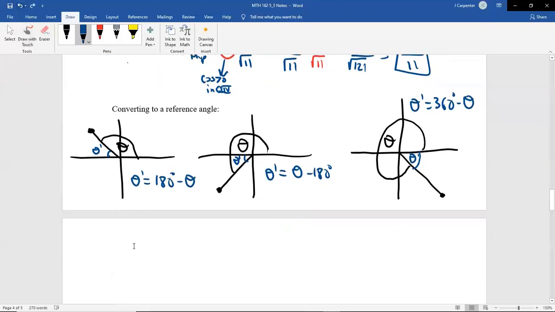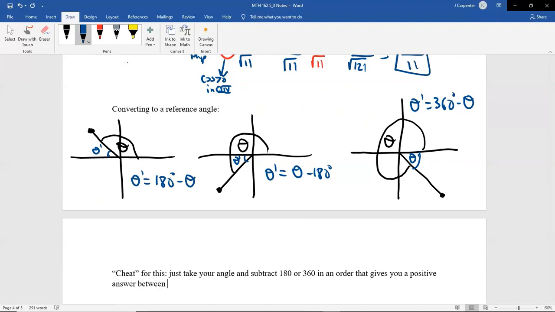So here is a cheat for this. Just take your angle and subtract 180 or 360 in an order that gives you a positive answer between 0 and 90 degrees.